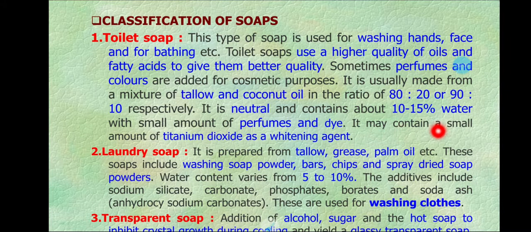It may contain a small amount of titanium dioxide as a whitening agent. This titanium dioxide is also used in talcum powder. So titanium dioxide is used as an additive for whitening purposes. So this is about toilet soap, which is generally used for bathing.